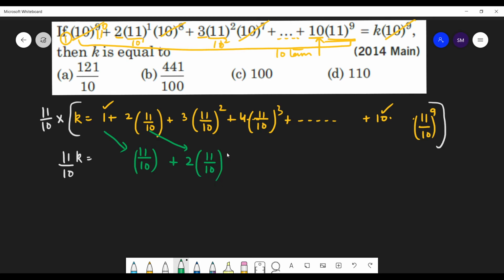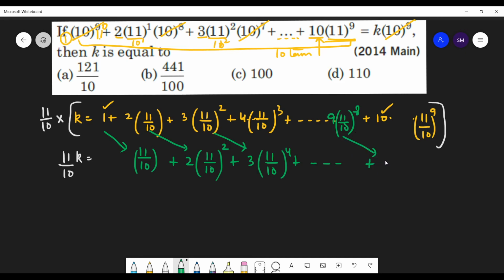You have done it number of times, students, isn't it? And here the term was 9 into, tell me the term. 11 upon 10 raised to the power 8. Very good. So this term will come here.